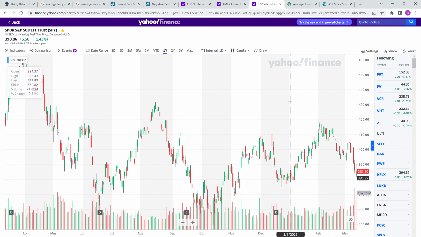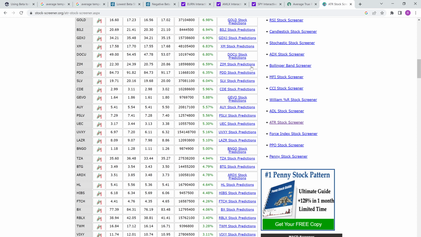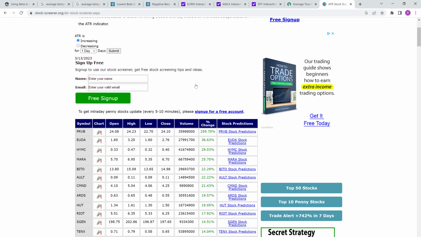What I think people should do is use something like average true range percentage. You take the average true range and treat it as a percentage. It's difficult to find stock screeners for that out there.